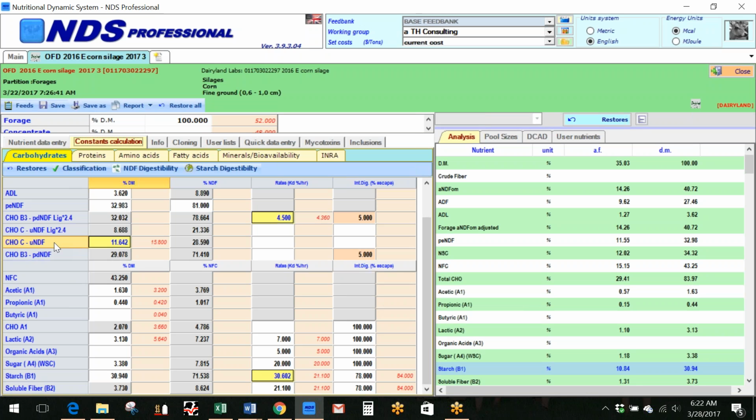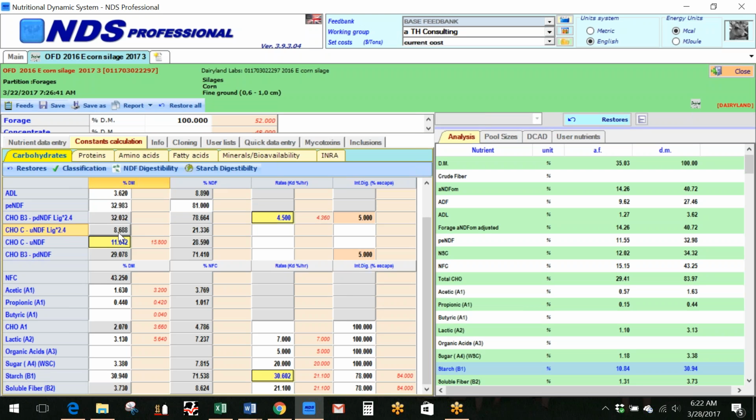Using the old system, the calculated uNDF, lignin times 2.4, was going to give you a value of 8.6 uNDF calculated in that sample. But what's interesting is now the measured is about 3 units higher than the old system was looking at.